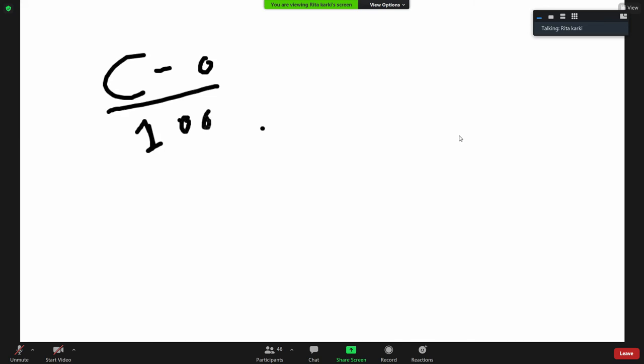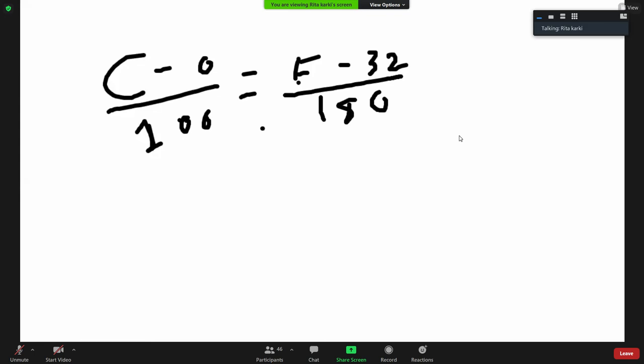Okay, (C minus 0) upon 100 is equal to (F minus 32) upon 180. This is the formula to convert between the centigrade scale and Fahrenheit scale. Now we have to convert 37 degrees Fahrenheit into centigrade.